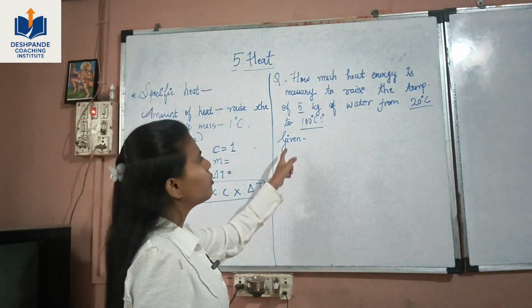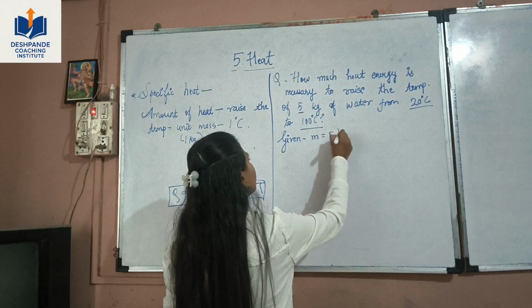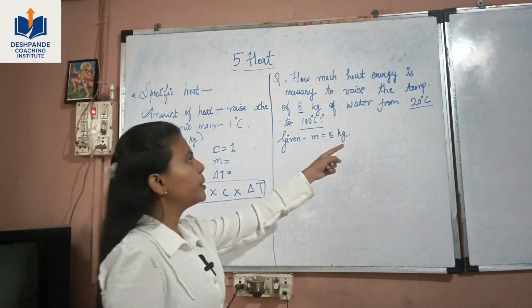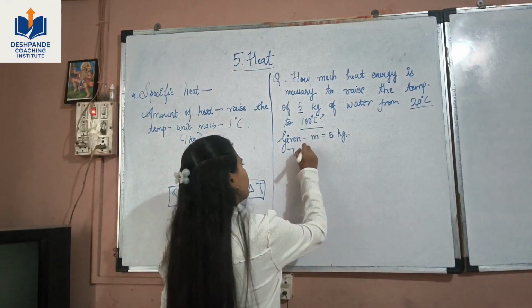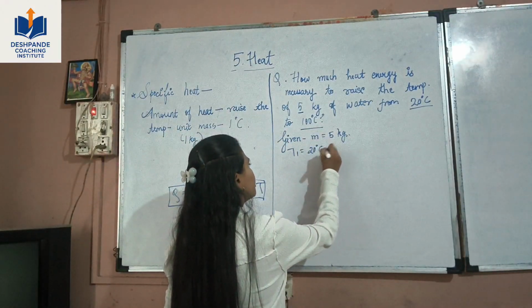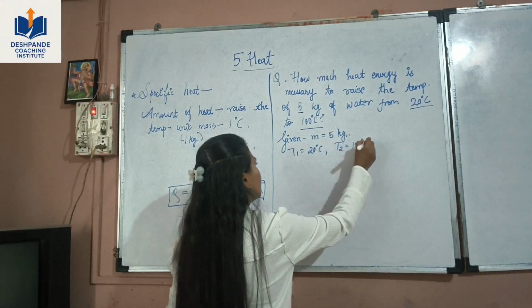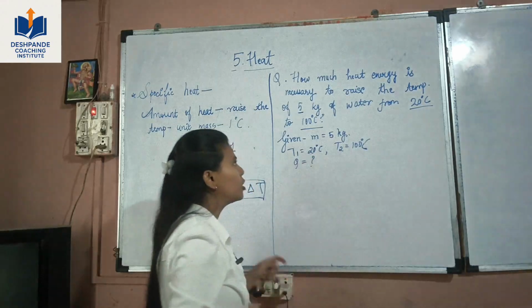The mass of water is given, so m is equal to 5 kg. Then the initial and the final temperature are given: T1 is 20 degrees Celsius, T2 is 100 degrees Celsius. They are asking how much heat is required, so we have to find Q.